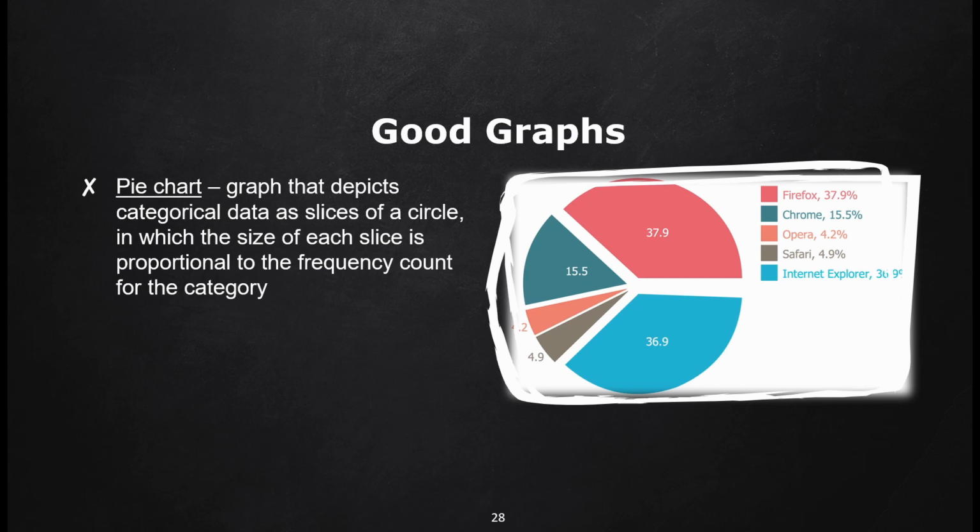So here this graph is keeping track of how many users there are for different web browsers. Got Firefox, Chrome, Opera, Safari, Internet Explorer. I personally use the Brave browser. I think it's pretty neat. But yeah, pie chart is cool.